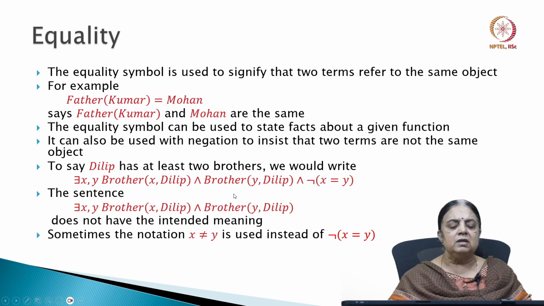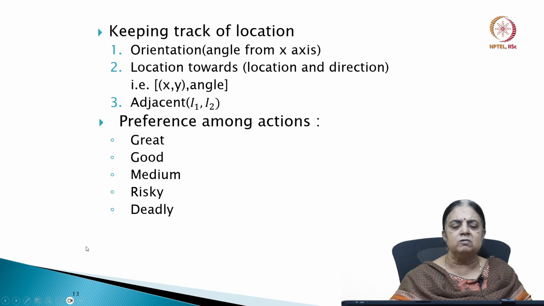Then it does not really give the intended meaning that he has at least two brothers. So you got to add this thing which says that x not equal to y, or not x equal to y. So that needs to be added over there. So that's the equality symbol which we can use here.